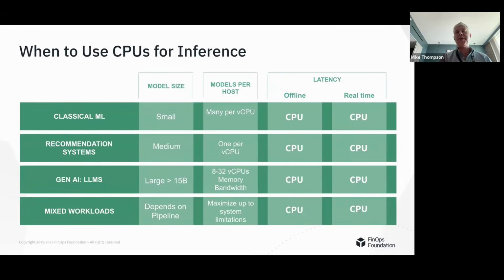In some cases, you could be spending up to 10 times the hourly rate to be running something on a GPU versus a CPU. So for classical ML recommendation systems, like in Netflix, when they serve you a set of recommended movies that you might want to watch, that's a recommendation engine. Large language models, we're interacting with those a lot these days. Those are the chatbots and so forth, as well as mixed workloads. So consider CPUs for your inference applications. They're more highly available, and they're much less expensive than the GPU instances. Next slide.